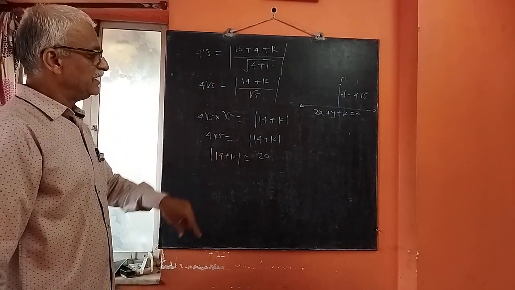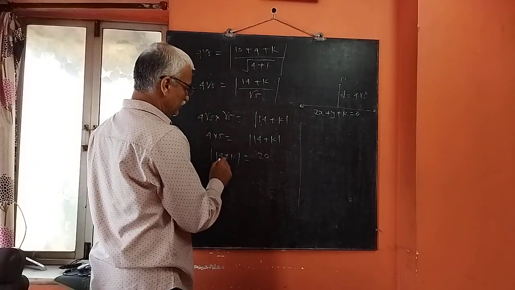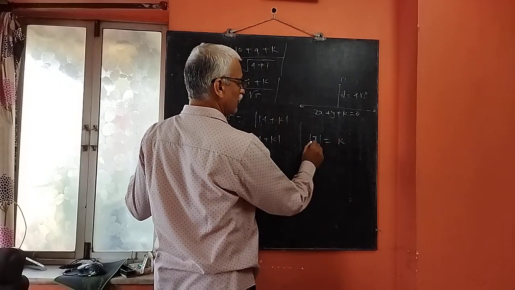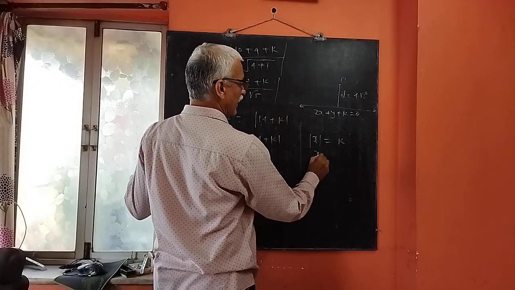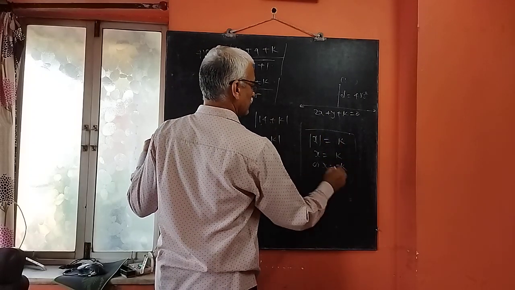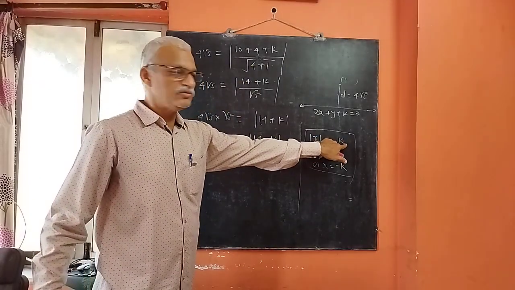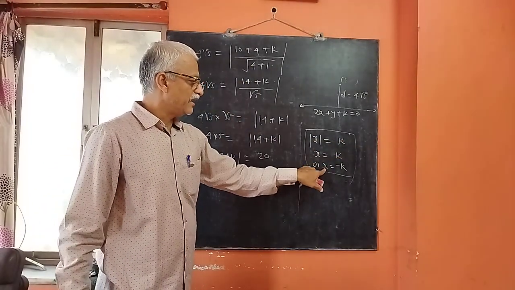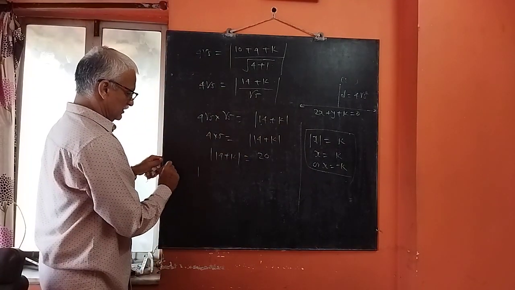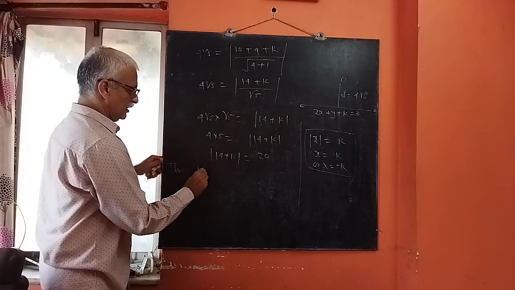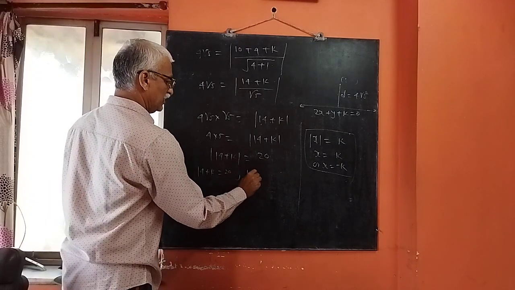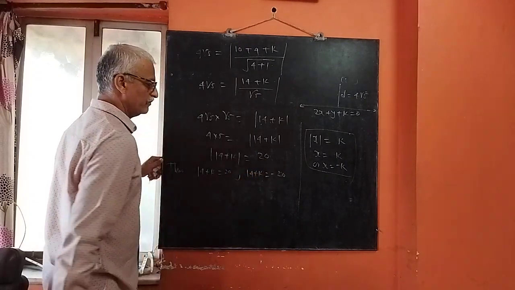Now mod of 14 plus k equals to 20. See here, if mod of x equals to k, then it can be written as x equals to k or x equals to minus k. Using this condition, we can write 14 plus k equals to 20 or 14 plus k equals to minus 20.